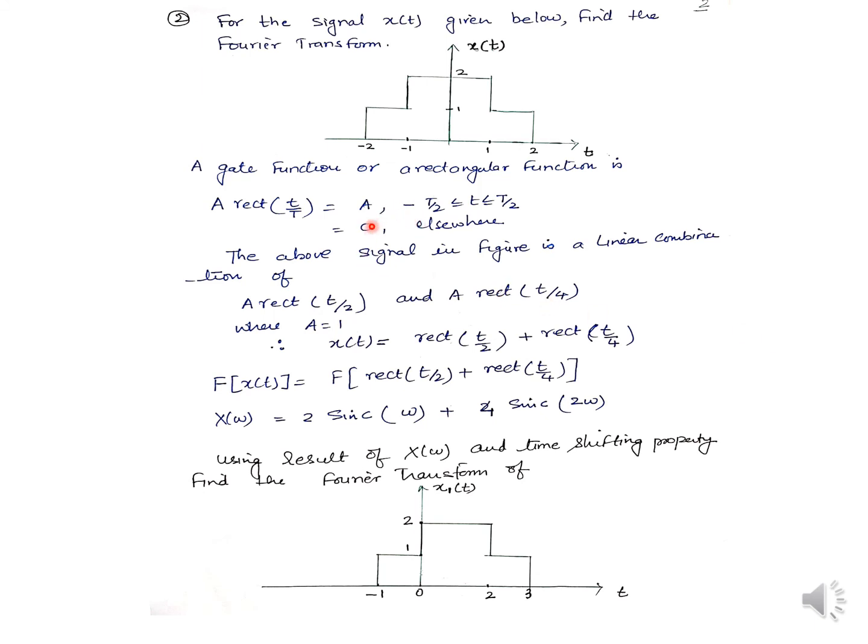In this way you will be able to define this signal. Now if I forget that this amplitude is 2 and consider it as 1, this is a rect function defined from minus 2 to 2. So that can be defined as rect t by 4, with amplitude 1.